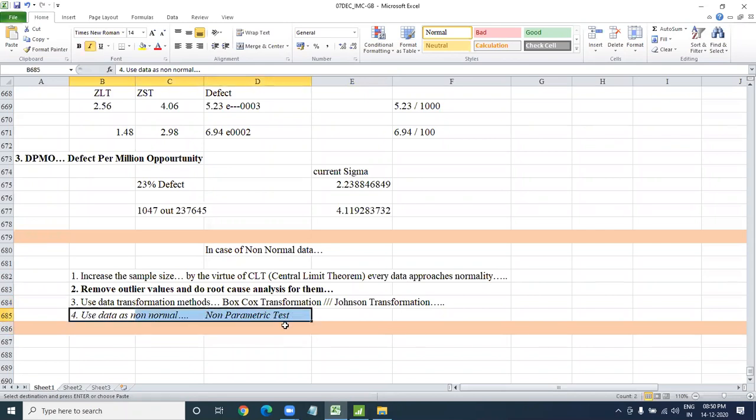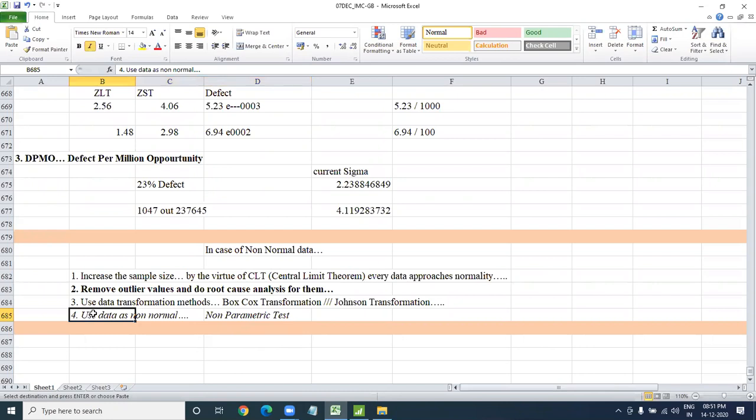Again, you should know the black belt part of it. As a black belt, you end up dealing with other types of data, specifically non-normal data and categorical data, where you use non-parametric tests. Parametric tests mean normal data related tests. Non-parametric tests are for non-normal data, so they don't change the data, they let it be non-normal.